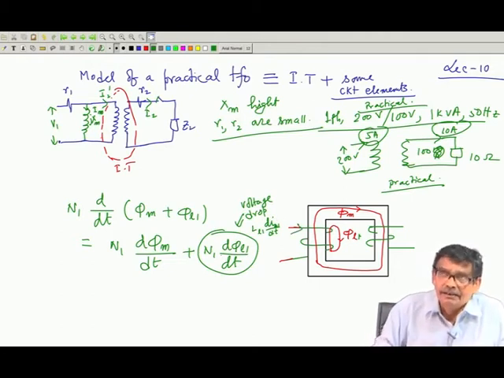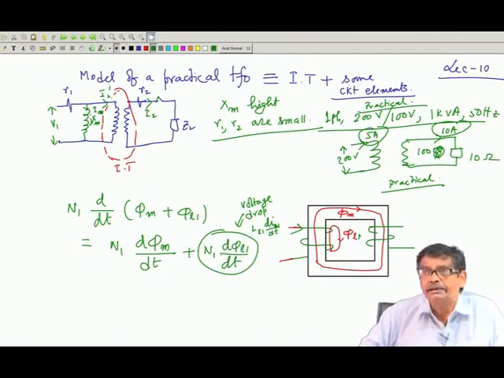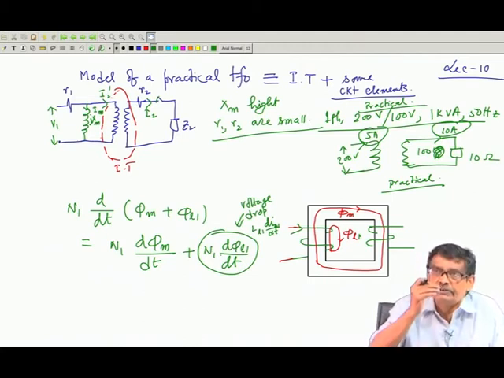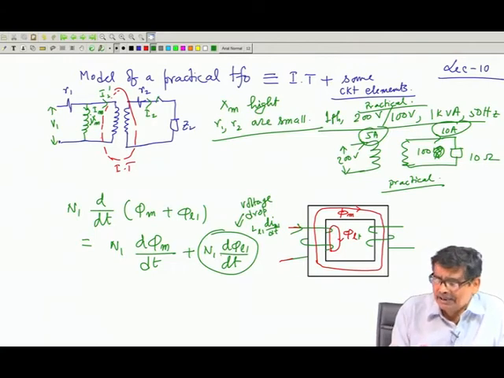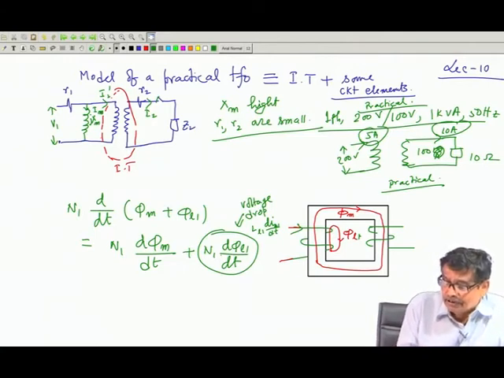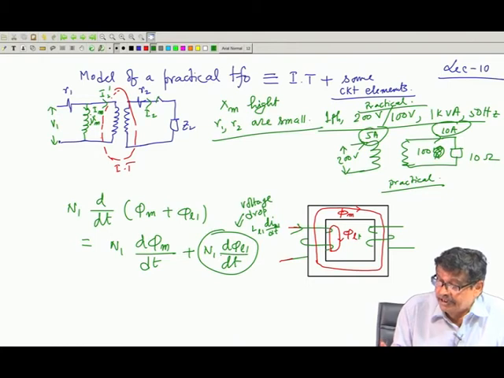A detailed analysis I have done in my Electrical Machines 2 course, in the first 2, 3, 4 lectures in the same NPTEL domain. Please go through that; I will put a note on that. It looks like the applied voltage, total flux created by the winding currents, will comprise two portions.